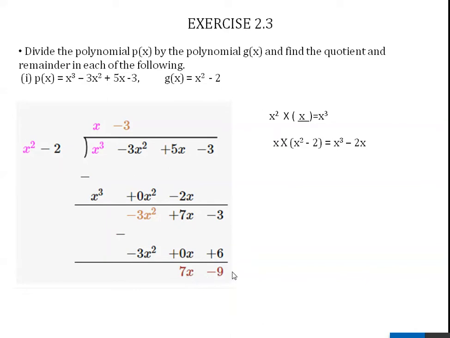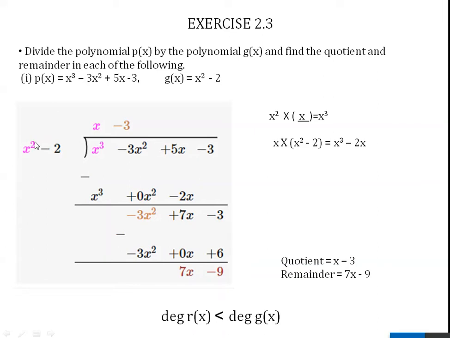You cannot further divide this 7x minus 9 by x square minus 2. Can you tell me why? Because the degree of r of x is less than the degree of g of x. You will stop dividing the polynomials when the degree of r of x is less than the degree of g of x.